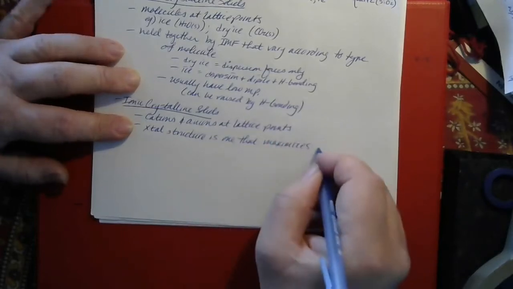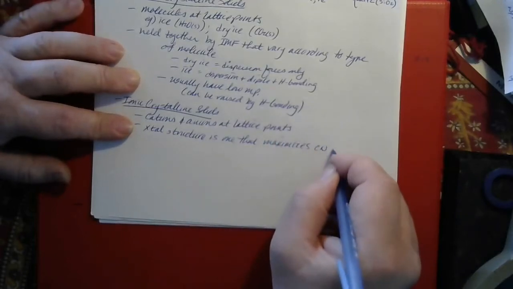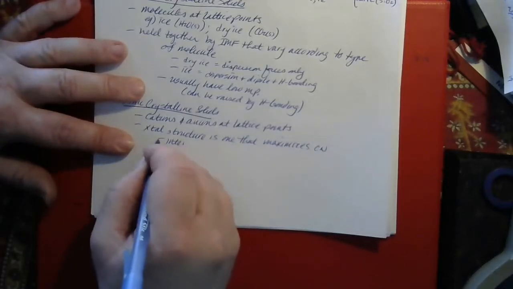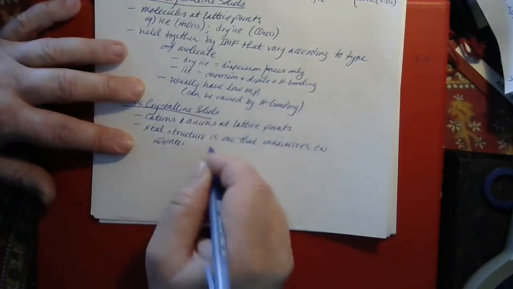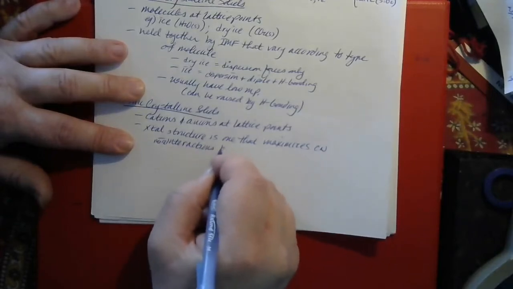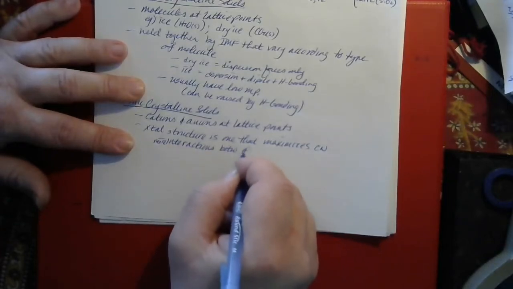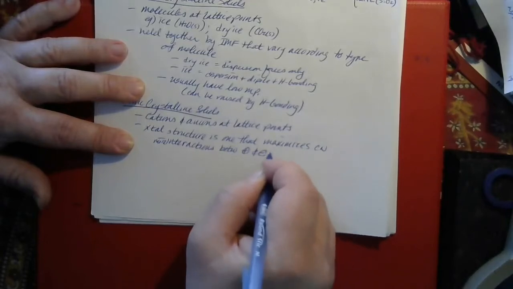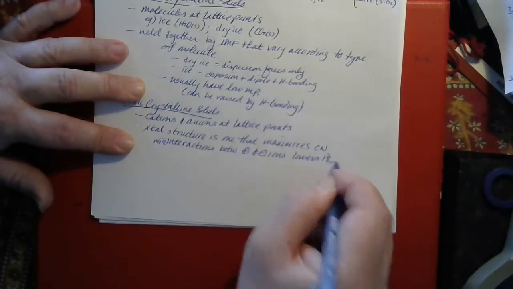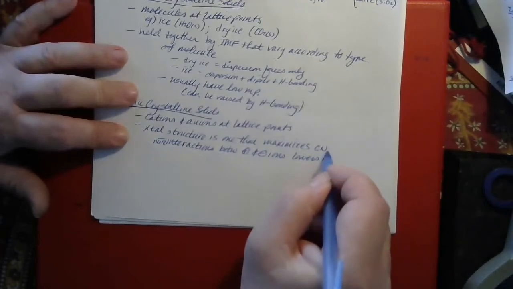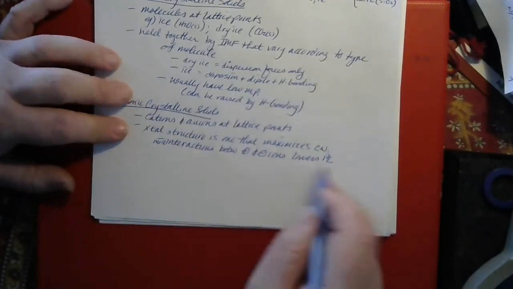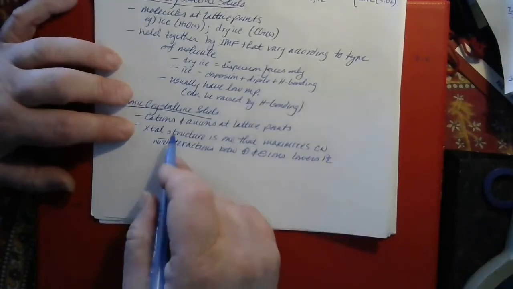And different crystal structures, and you want to maximize the coordination number because more interactions between cations and anions lowers the potential energy.